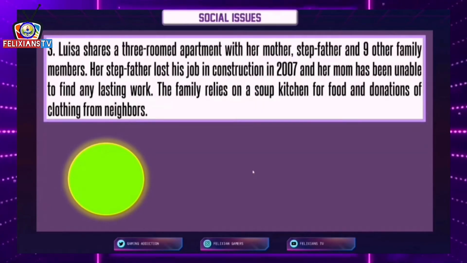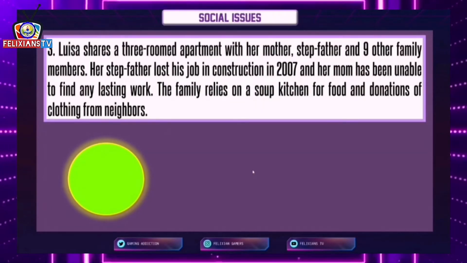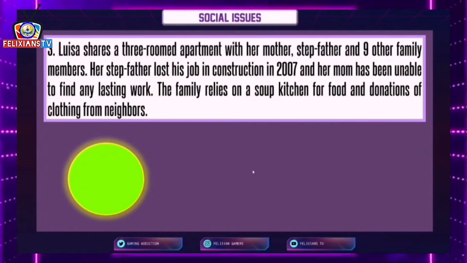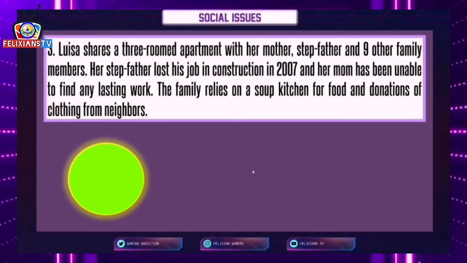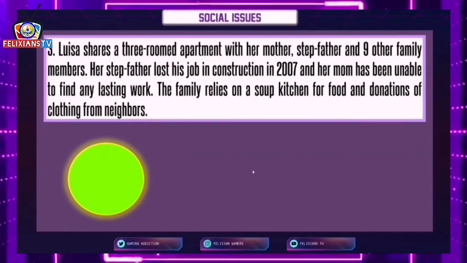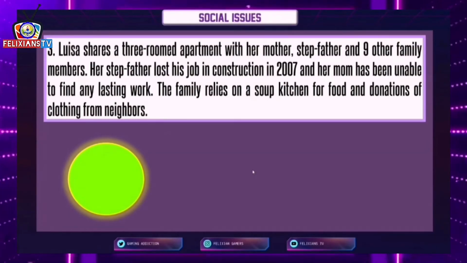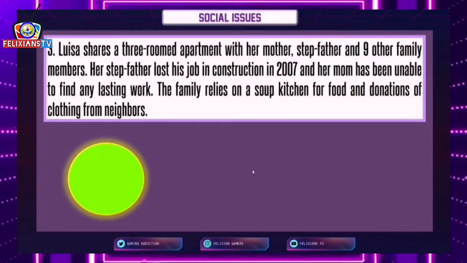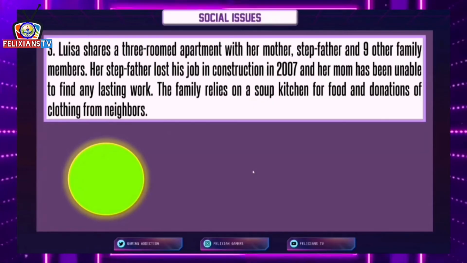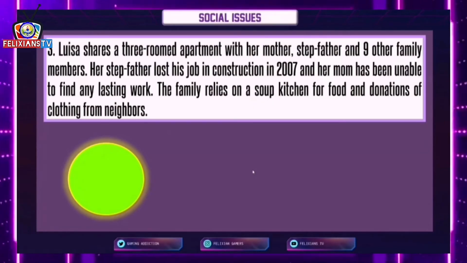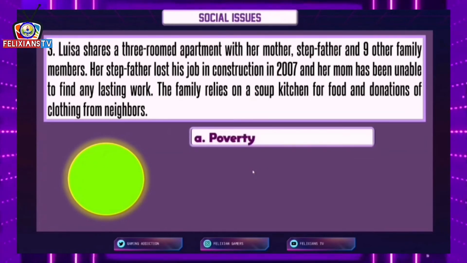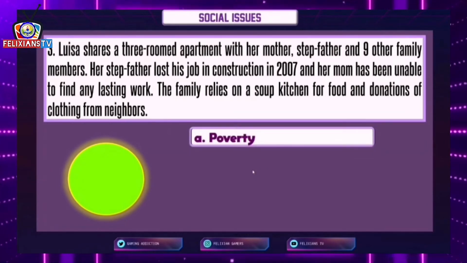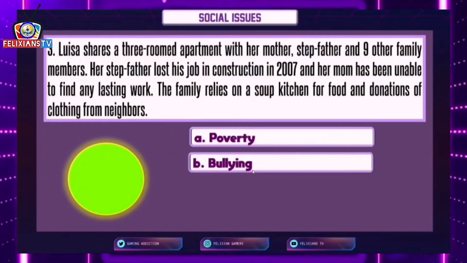Luisa shares a 3-room apartment with her mother, stepfather, and 9 other family members. Her stepfather lost his job in construction in 2007, and her mom has been unable to find any lasting work. The family relies on a soup kitchen for food and donations of clothing from neighbors. A. Poverty. B. Bullying.